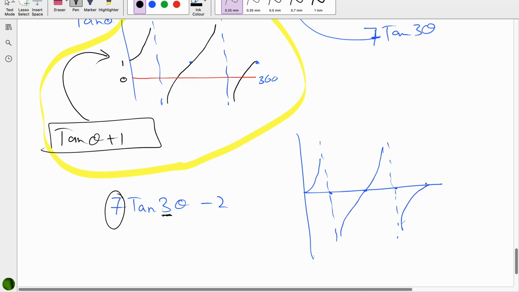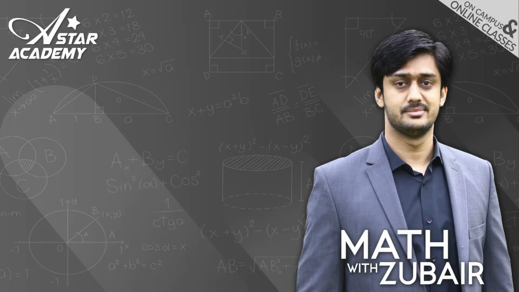This 3 means it ends at 120, and this minus 2 means this graph should move 2 units downwards, or I should move the horizontal line 2 units upwards and remove this previous line. But I do need these markings. This 120 should be right here above the previous one, and this point is 60. This vertical line was 30, the second vertical line was 90, and because it is minus 2, the graph is moving down. This is 0, this is minus 2, and that's complete. Any confusion till now?